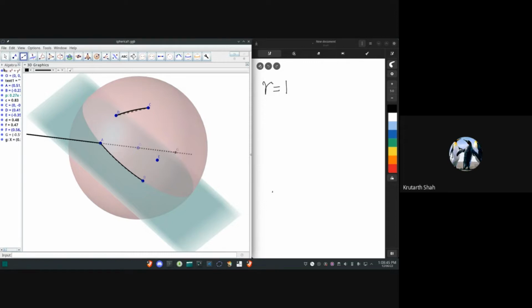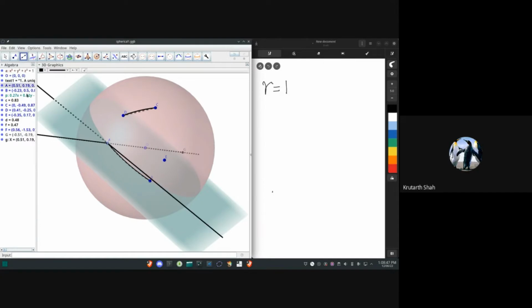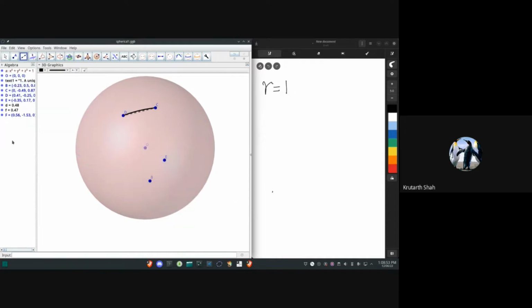And also about lengths on a sphere. Whenever we talk about lengths on a sphere, we do not refer to the straight line length.